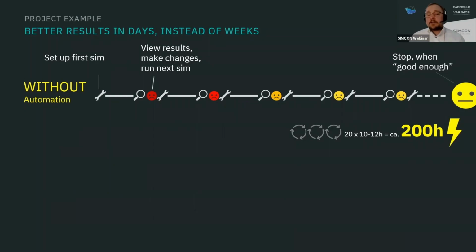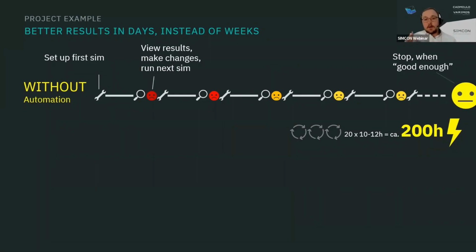working hours. And those 10 to 12 hours per simulation, the simulations took longer than they did here. It wasn't just 12 minutes. But these 10 to 12 hours per simulation also include talking about and discussing results and thinking about things you can change, or working with colleagues, co-workers, and so on.